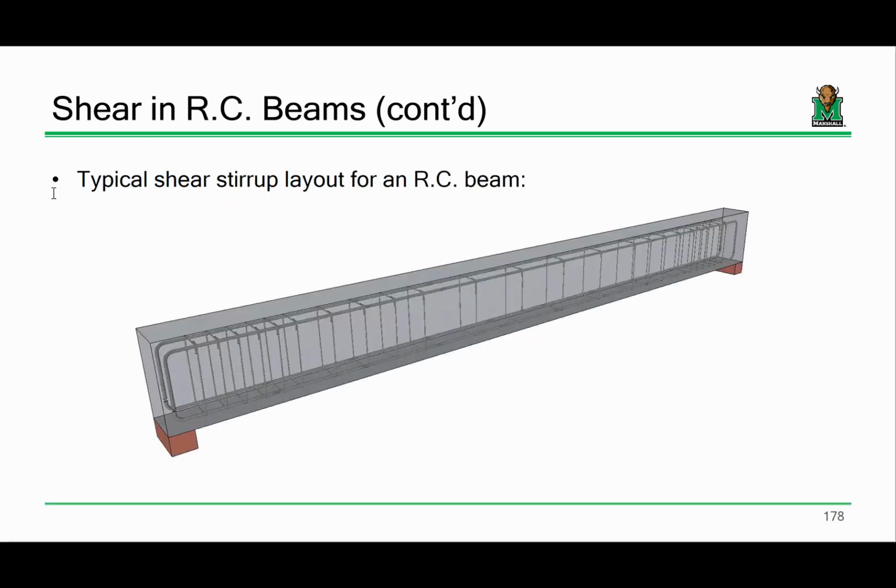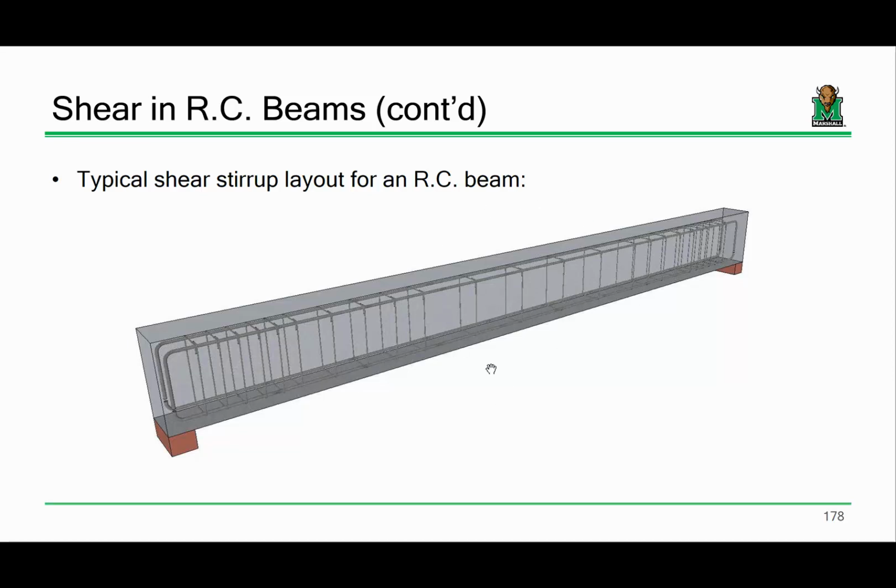If you look at a reinforced concrete beam, imagine you had some sort of X-ray view into the beam, you would see these hoops going along the span. Those hoops are there primarily to resist shear forces in the beam. If you pay attention to the diagram, you'll see that at the supports, the hoops are spaced really close together.